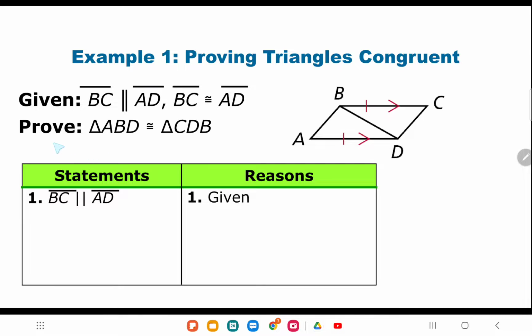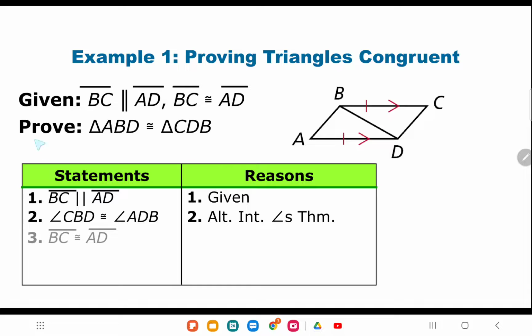We start with our given statements. BC is parallel to AD. This leads us to the conclusion that angle CBD is congruent to angle ADB. That's this angle here on the upper left and this angle on the lower right. That is the alternate interior angles theorem, or PAI. We also have BC is congruent to AD.